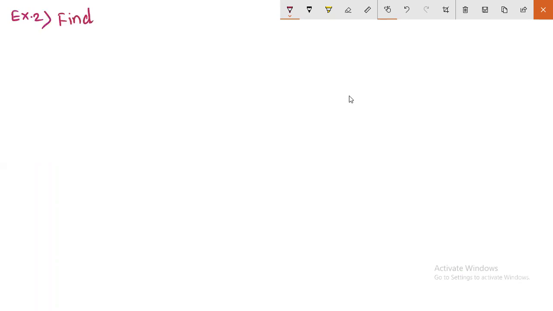Find out the divergence and curl of the following function.